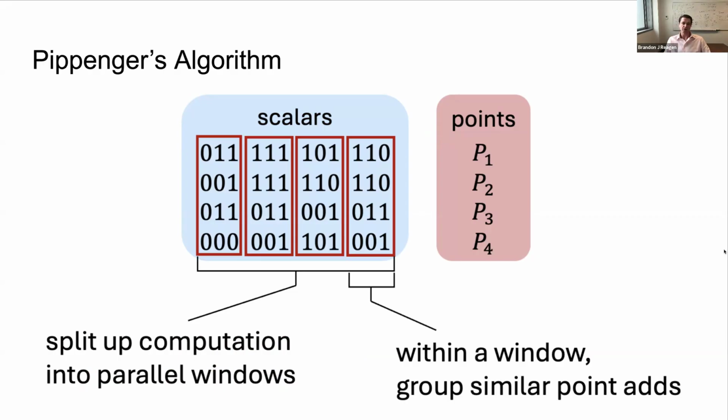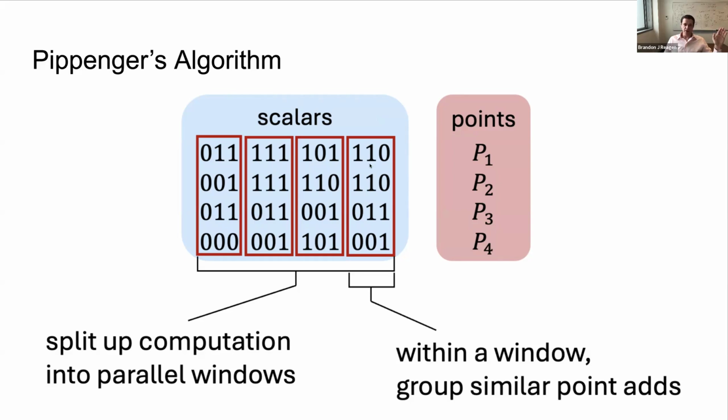So what Pippenger's algorithm does is it's a huge optimization on this naive approach to make MSM computationally feasible. What it does is it takes the scalars that you have, that's that W, and it chops it up into parallel windows. So each of these red boxes you can think of as a window. So we're just slicing the bits of all of our scalars into windows, and we're going to process one window at a time.